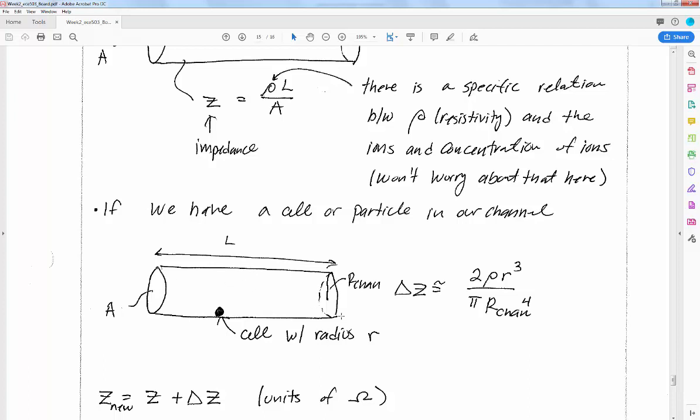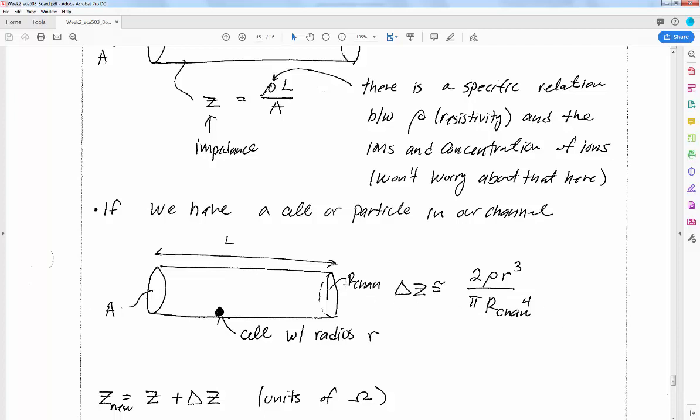So knowing the area of the electrolyte channel, we're going to call the radius capital R subchannel. It turns out that you can actually derive this: the change in impedance is approximately equal to 2 rho r cubed, r being the radius of the cell, over pi times the radius of the channel to the 4th power.